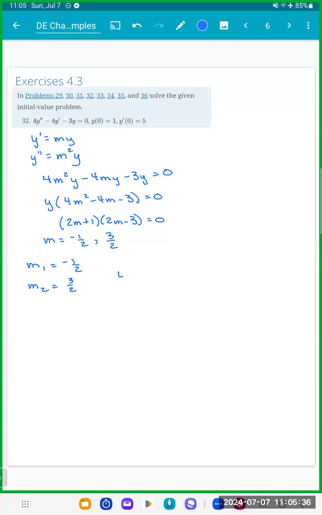So that gives us a general solution of C1 e to the negative x over 2 plus C2 e to the 3/2 x.